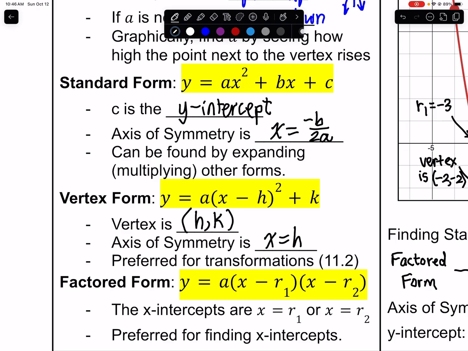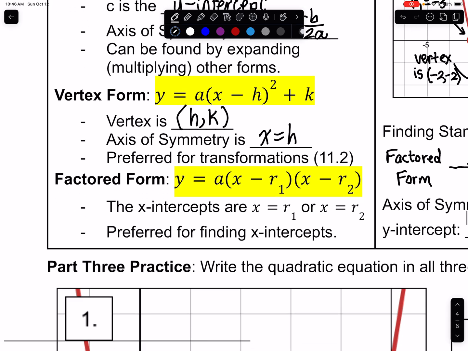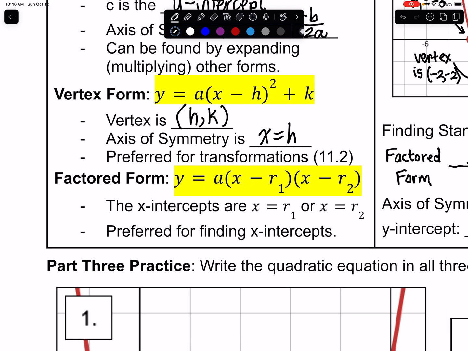And we like this form when we do transformations. The stretching and the shifting left and right, we always use vertex form. So it's a very useful form. And then the formula that we've been working with today is factored form, because we've been factoring things and writing it in two sets of parentheses.